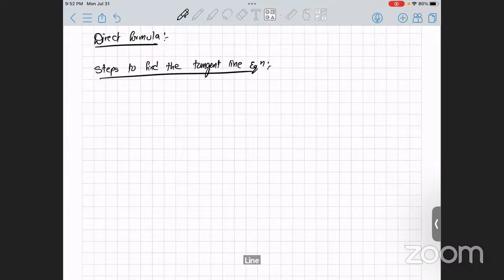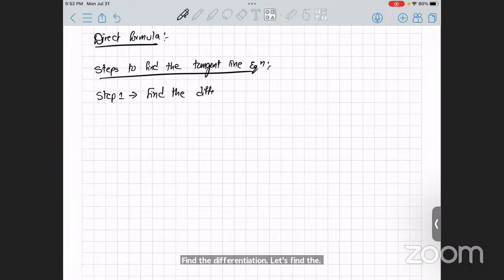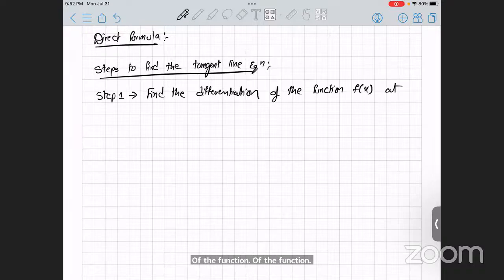Step 1. Find the differentiation of the function f of x at that particular point. Step 2.